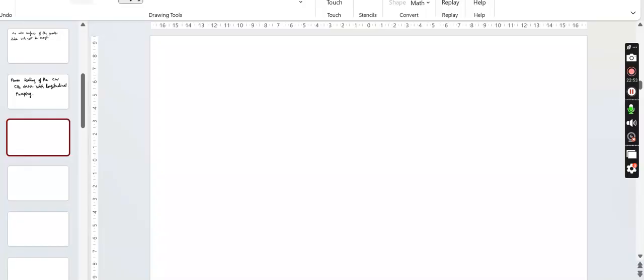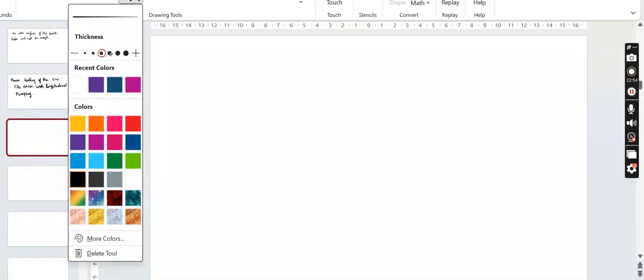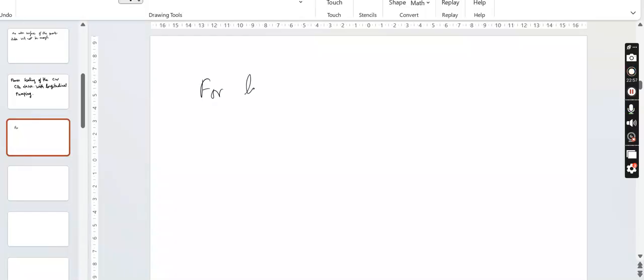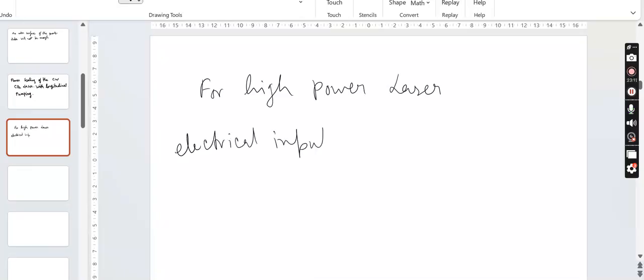If we want a high power laser, the electrical input to the system should also be high.